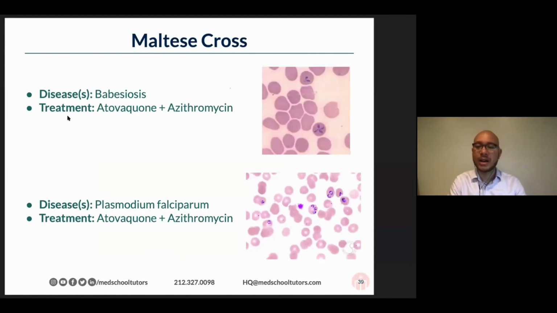And in the bottom, just to compare and contrast, because someone was putting in a question about malaria earlier, very similar. It's also a parasitic species. On the bottom, you see Plasmodium falciparum. And I apologize, the treatment for Plasmodium falciparum is not atovaquone plus azithromycin. That is the treatment for babesiosis. The treatment for plasmodial species writ large is sort of complicated.